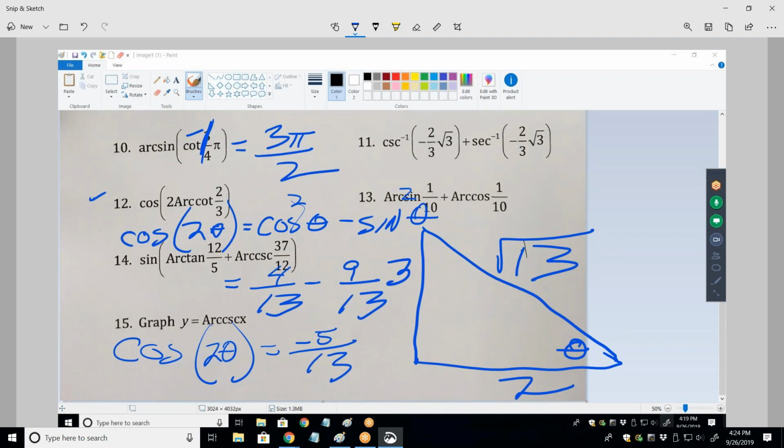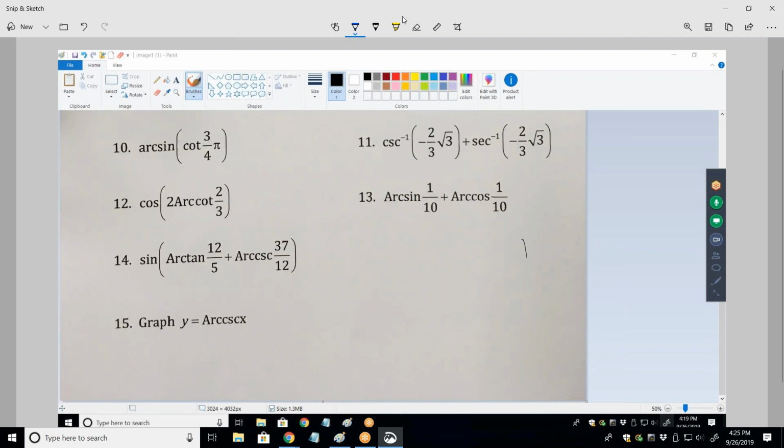All right, let me erase this and see which one is only going to take 5 minutes here. Let's see, we've done 10 and 12. 11.